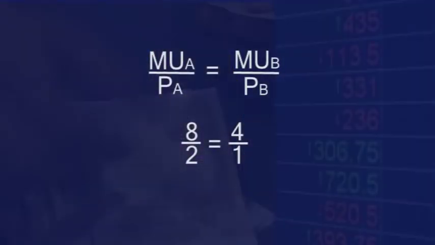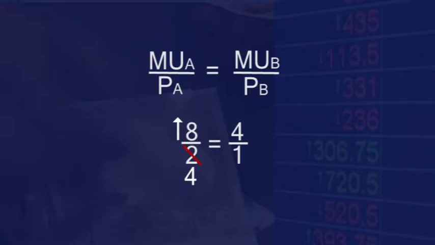Now, coming back to this, we can begin to see the logic of why the demand curve is shaped the way it is. Let's come back to the numbers that we have here. Suppose the price of A increases and is no longer £2 but goes up to, say, £4. This consumer is no longer in equilibrium. Marginal utility divided by the price is not the same. How does our consumer restore equilibrium? Clearly this 8 is going to have to go up.